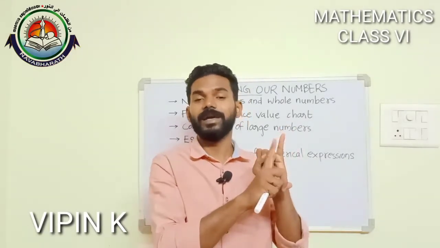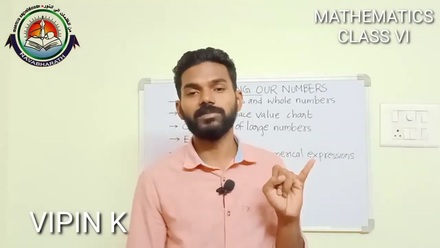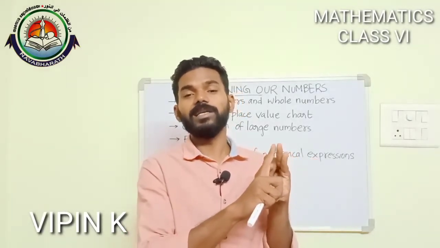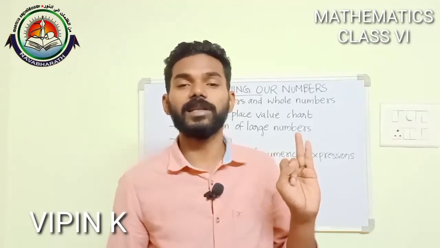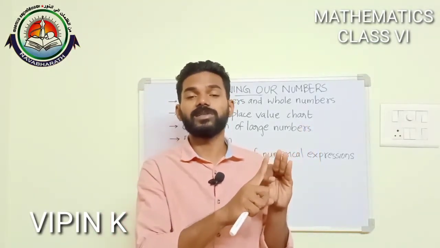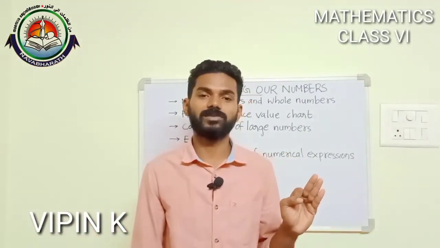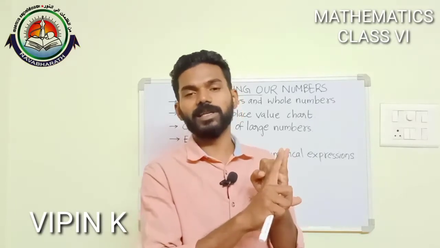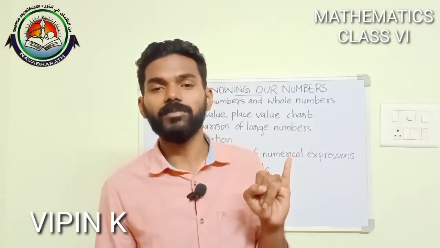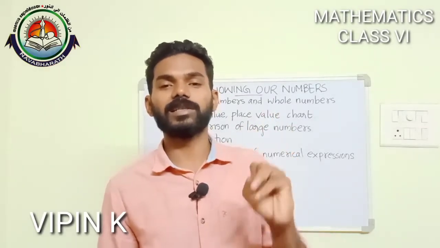Which were the three different ways in which the numbers can be represented? First of all, expressing the number in its standard form. Second, write the name of the number in words. And the third one is write the expanded form of numbers. For expressing numbers in standard form, we used two systems, Indian system and international system.